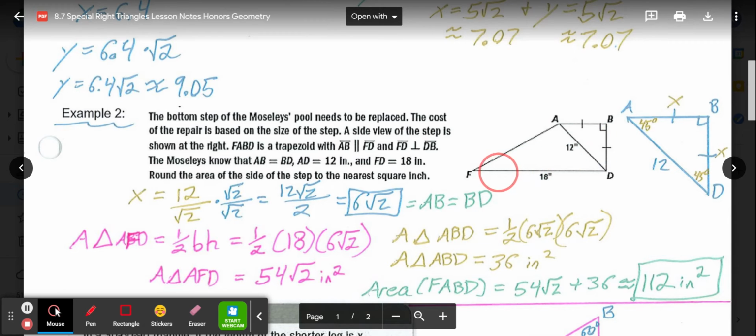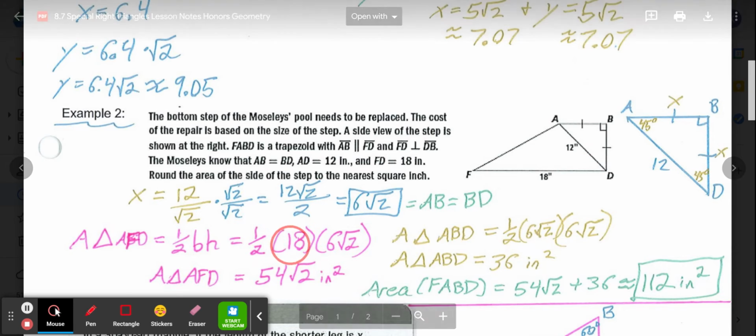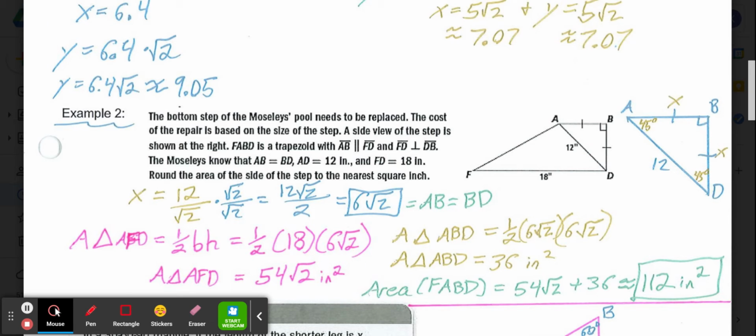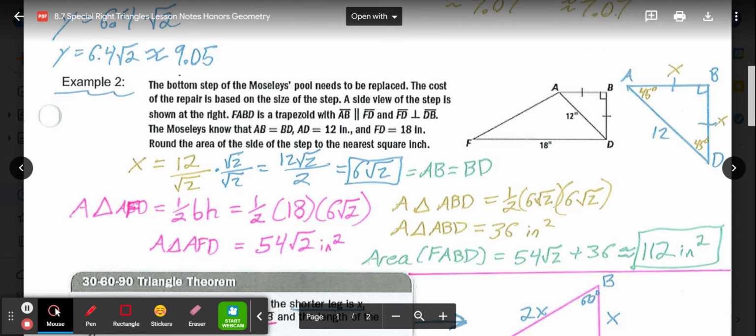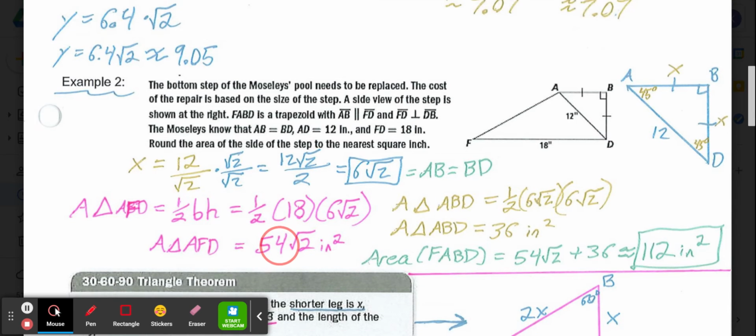So the area of triangle AFD would be 1/2 times 18 times 6 square roots of 2. So the triangle AFD has an area of 54 square root 2 inches squared. I just left it as a radical rather than changing it to a decimal right now.